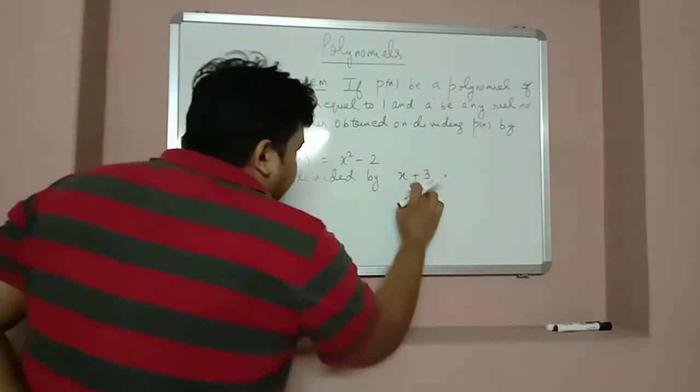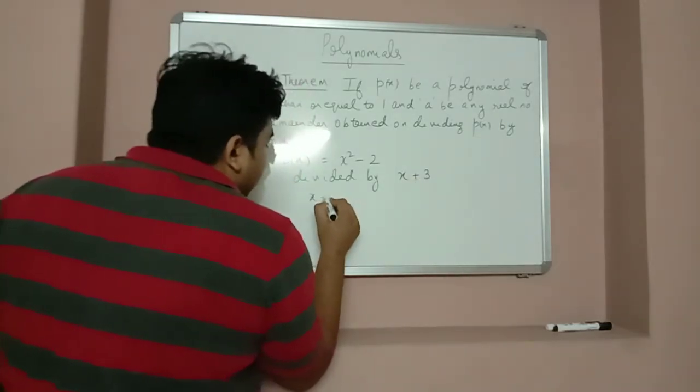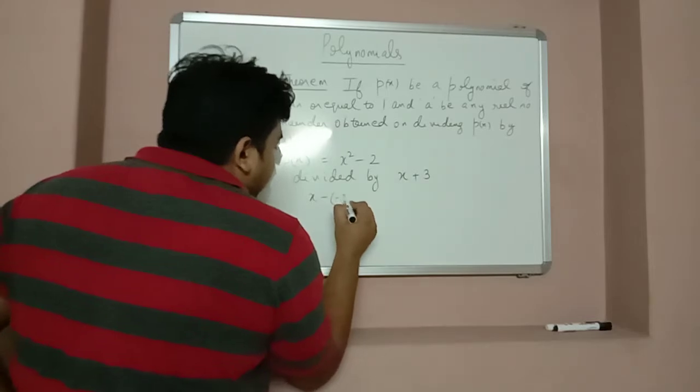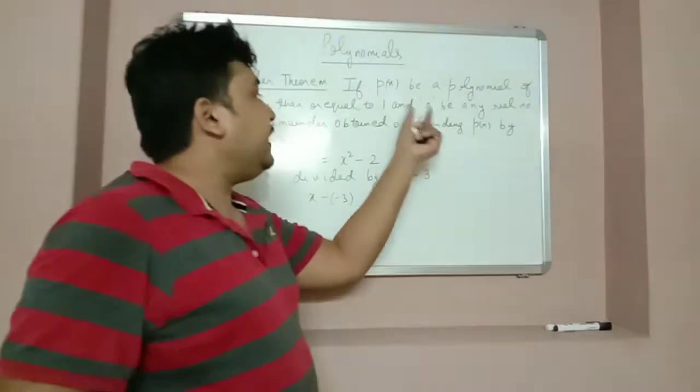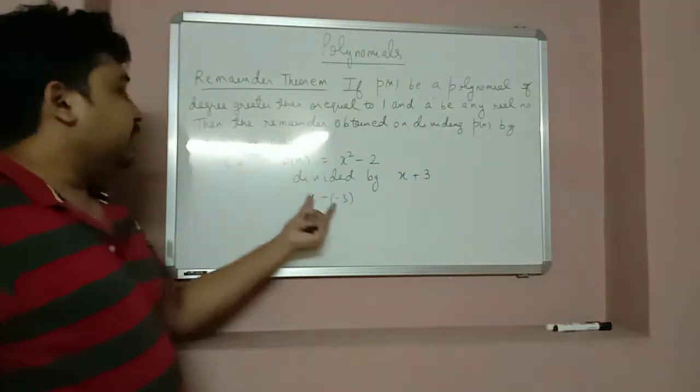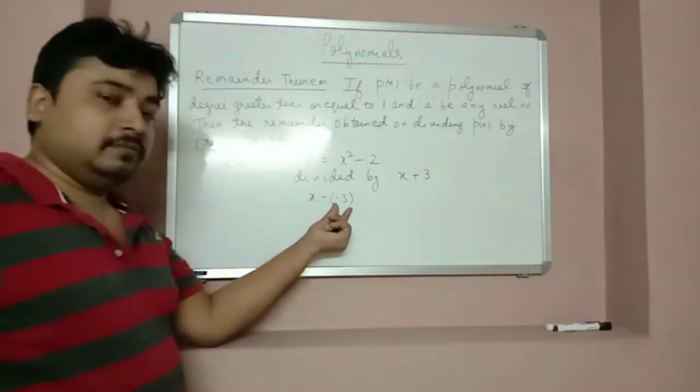Here a will be equal to minus 3. If I compare x plus 3 with the expression x minus a, then I will get a equal to minus 3.